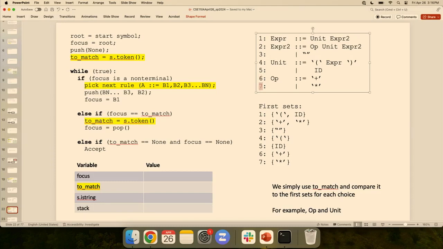Our to-match is the next token that we need to match. If we are trying to match a plus, then we better pick rule number 6. If we're trying to match a multiplication, then we better pick rule number 7. So you essentially look at your first set and your to-match, which is the next token that you are trying to match, and you use that to guide you on which rule to pick.